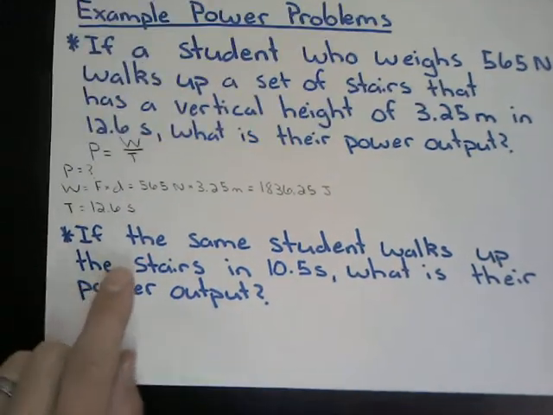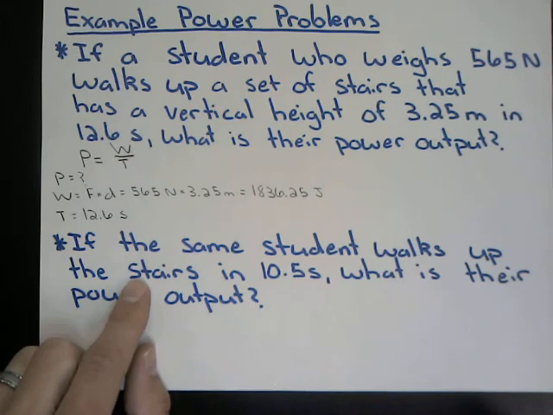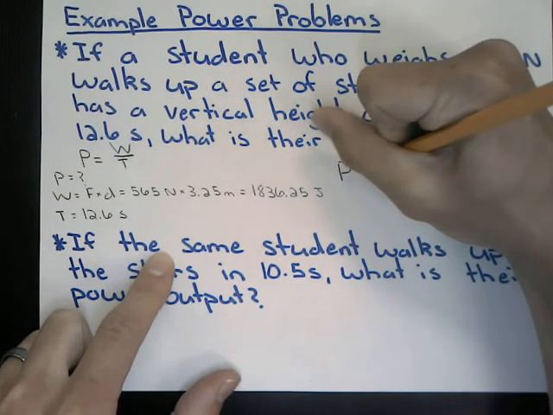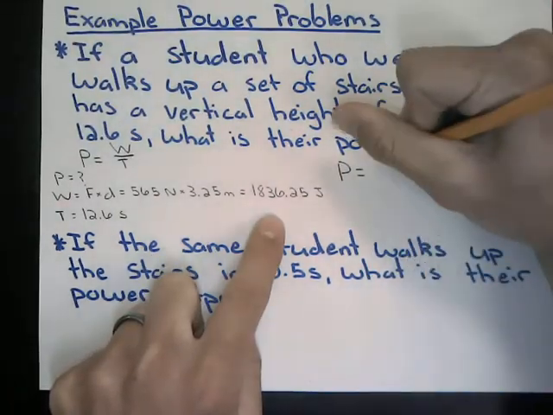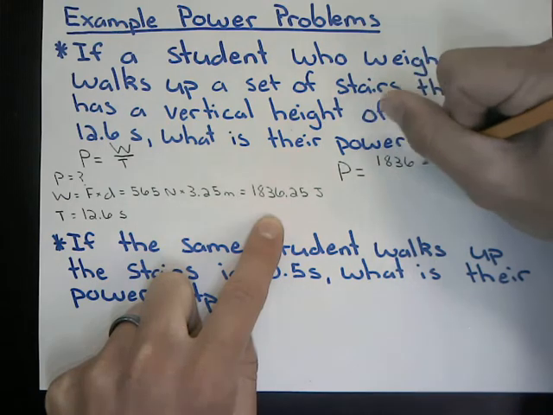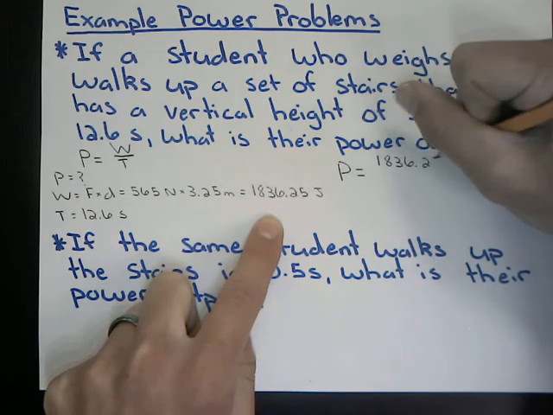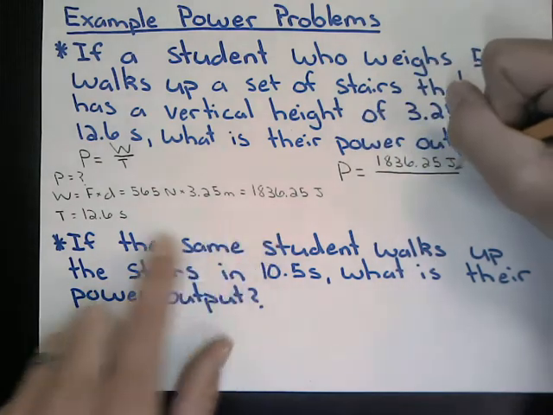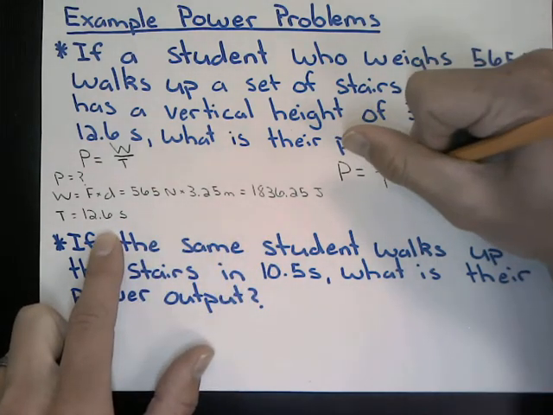Now, we insert our values for work and time into our power formula, and so we get this. Our power is equal to 1,836.25 joules, all divided by 12.6 seconds.